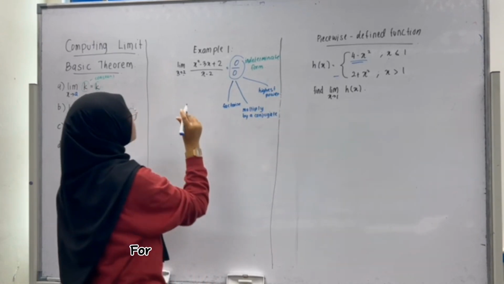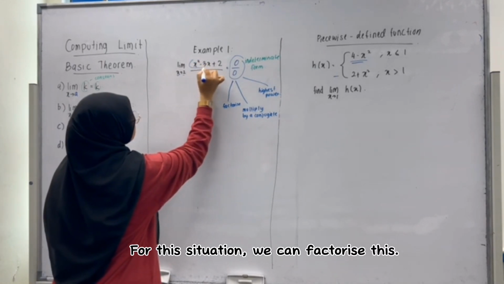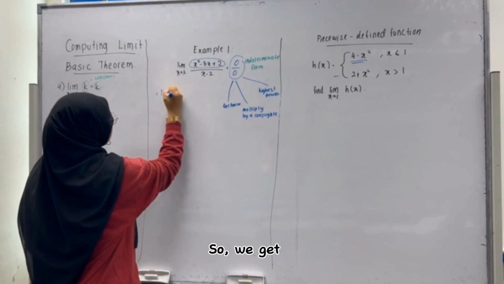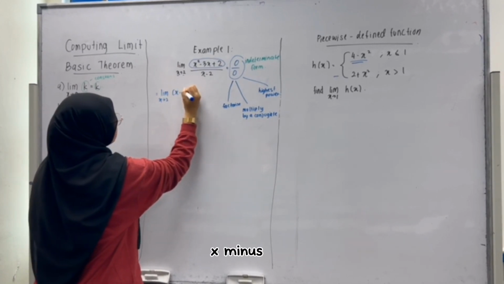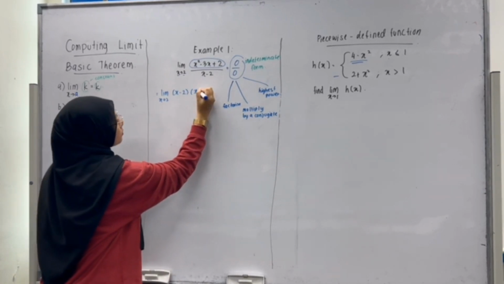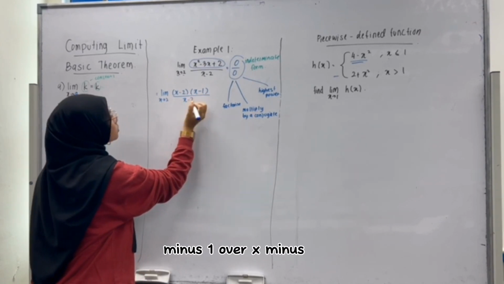Okay, for this question, we can factorize this. So we get the limit as x approaches 2 of (x minus 2)(x minus 1) over (x minus 2).